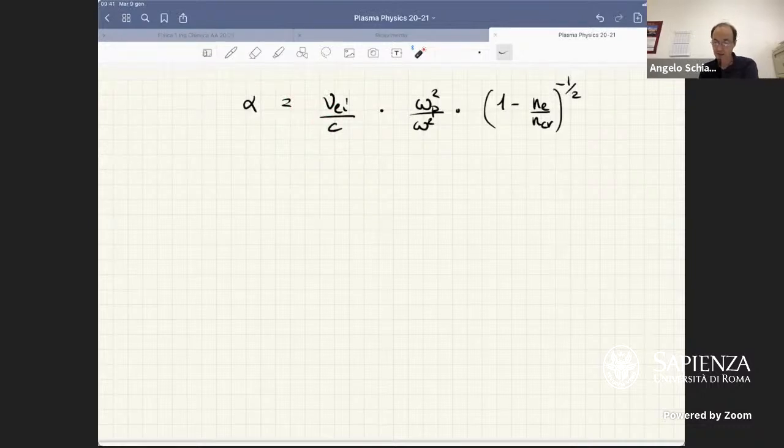So you see that if we highlight the fact that here we have a dependence on the angular frequency of the wave and on the wavelength of the wave, and here we have a dependence on the plasma electron density, which is here inside as well. So we want to discuss the scaling law for alpha.